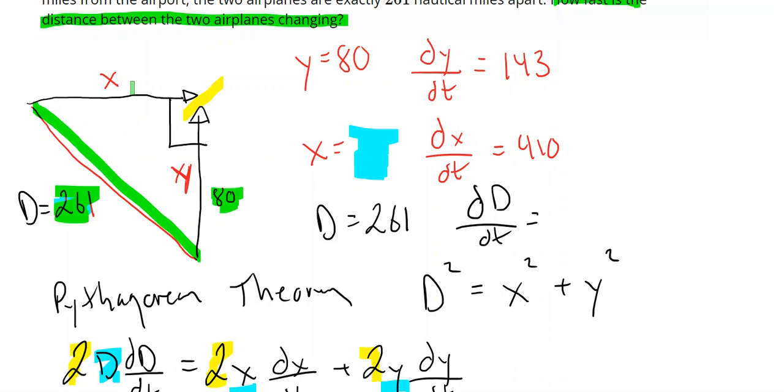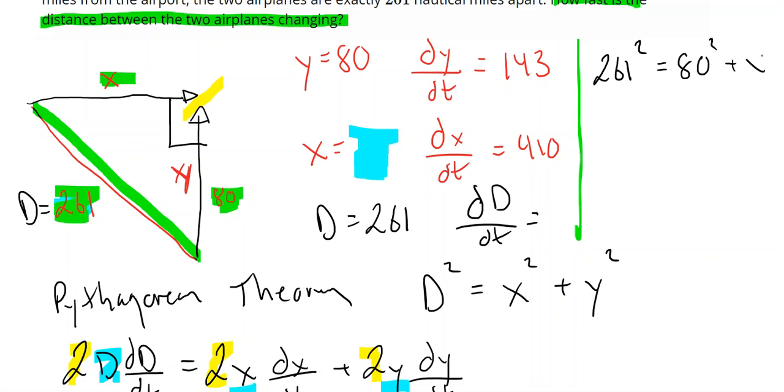Using the Pythagorean theorem, we can simply say that 261 squared is equal to 80 squared plus X squared. Solving this for X, we get X is equal to the square root of 261 squared minus 80 squared.